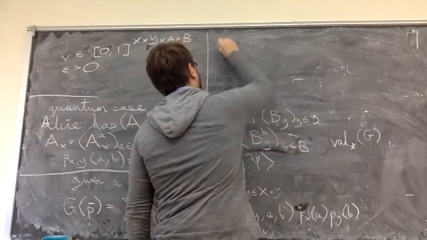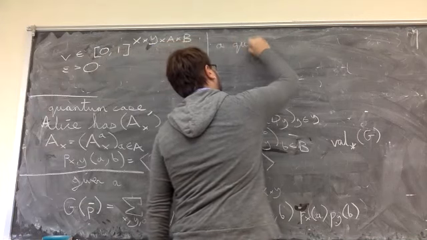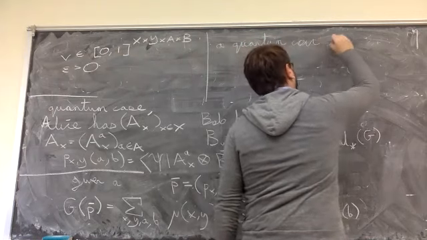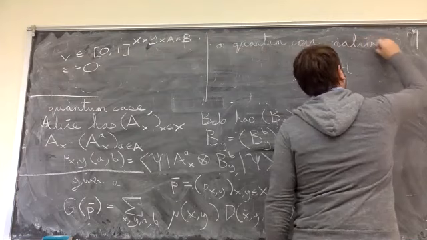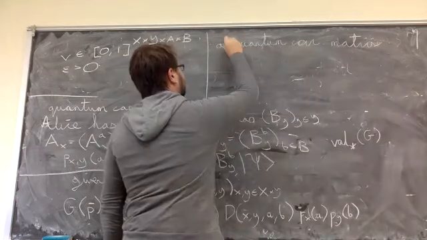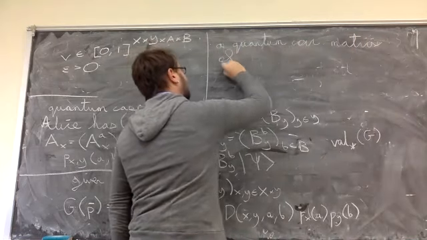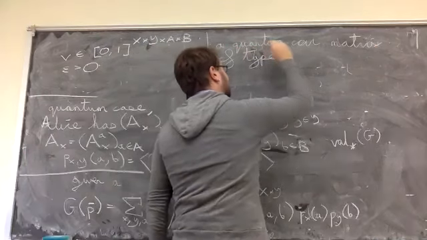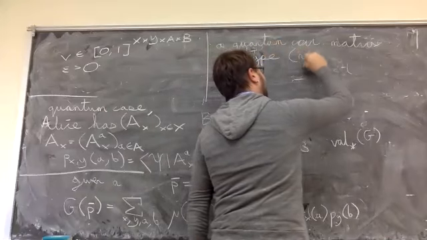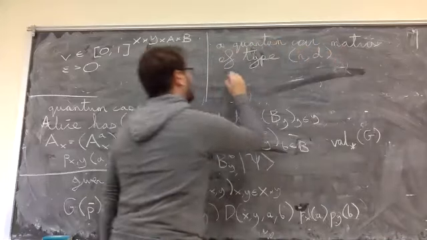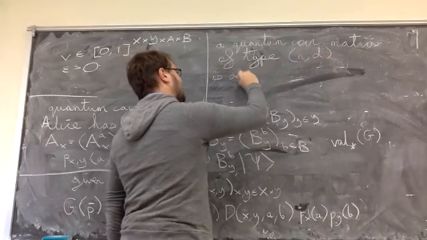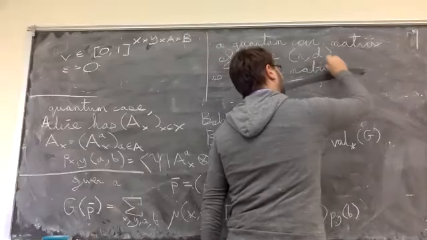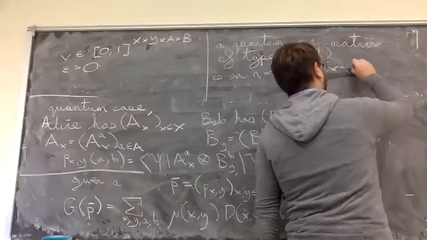We can say a quantum correlation matrix of type n, d is an n by n matrix.